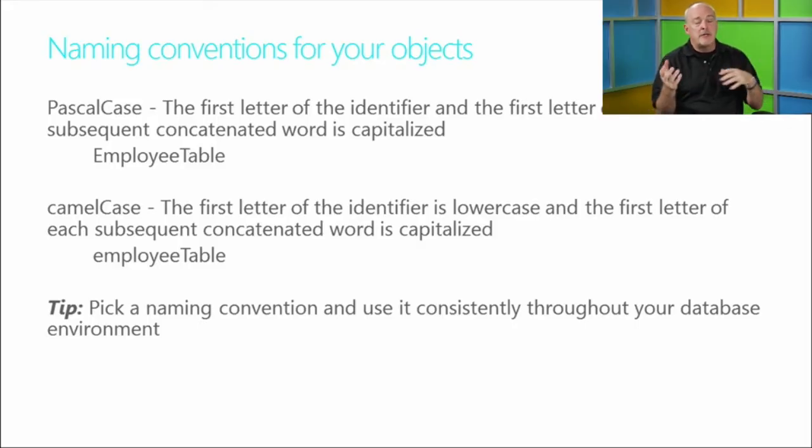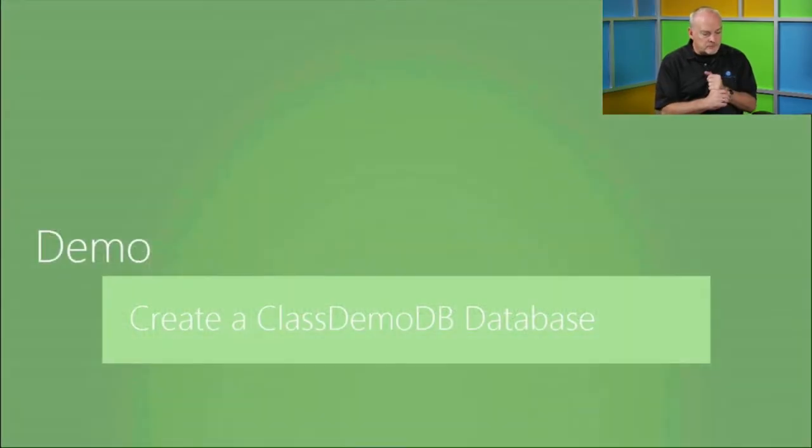When you're starting to rename your objects, if you decide to use Pascal case or camel case, use the same naming convention for everything that you're doing, so you don't get confused as to why you used it one place and something different in another place. And try to keep that as a standard within your organization, so you've got that consistency when you're creating these objects.